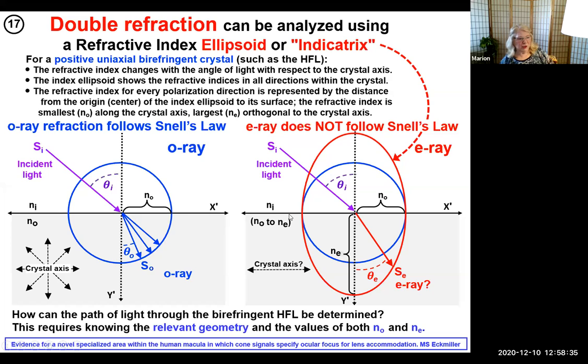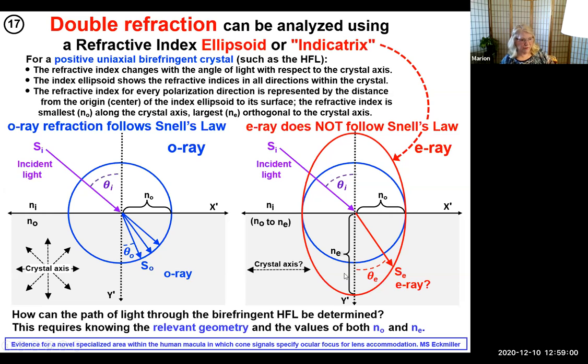Now, in the HFL, the surface of the interface going into the HFL changes at every retinal eccentricity. So this ellipse, its axis is going to have to be changing all the time. And the crystal axis within the HFL also changes at every eccentricity.